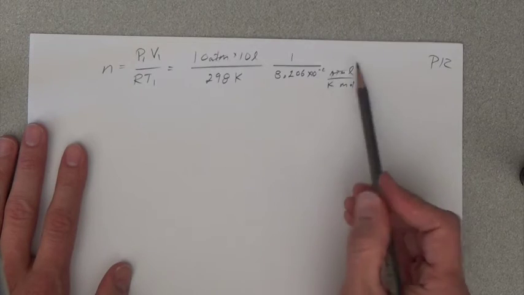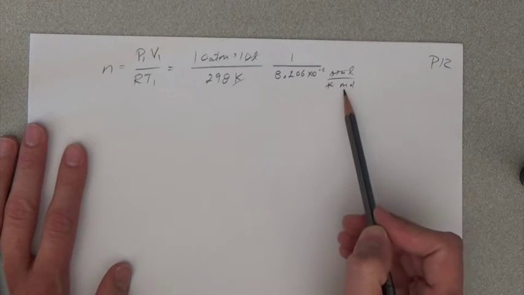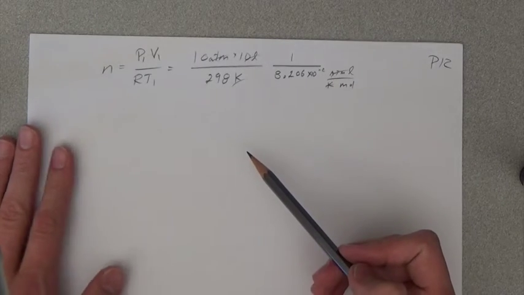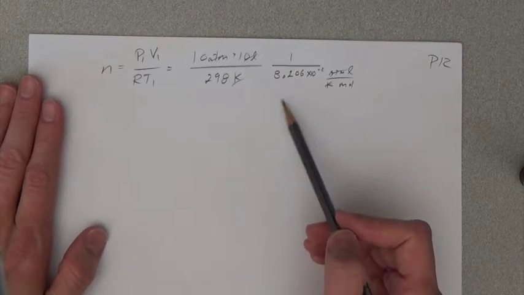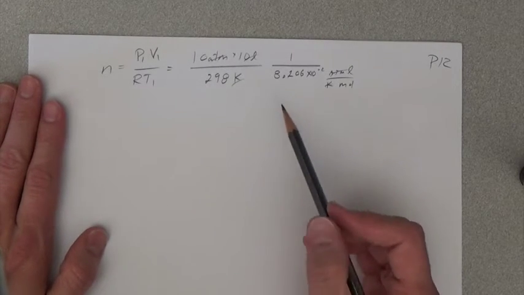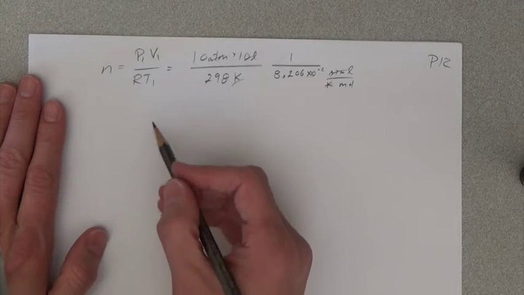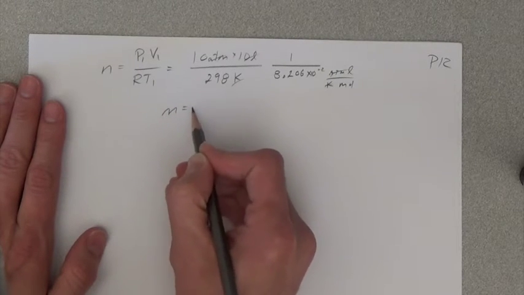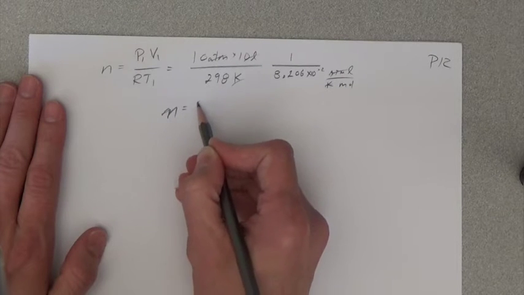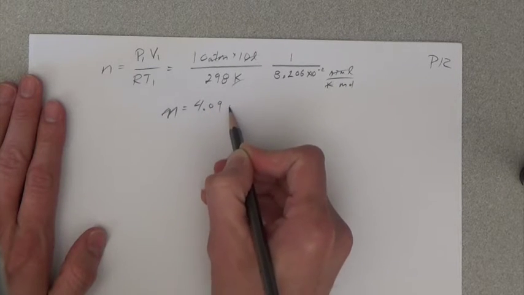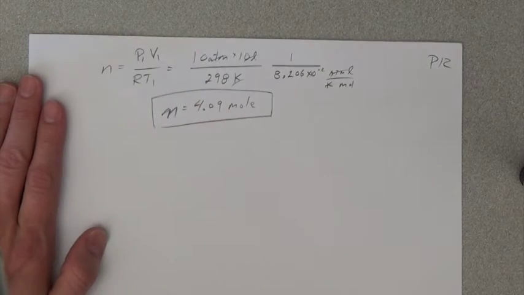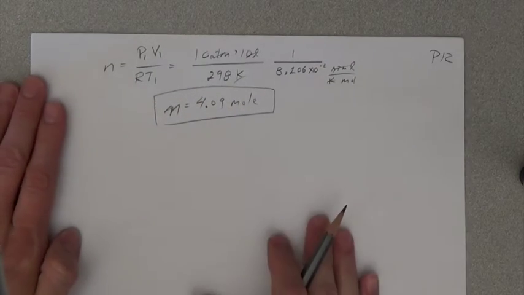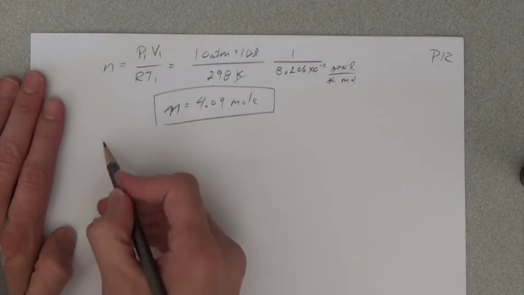So our units cancel out, leaving us mole. So we know that we've got the right expression and the right form of the gas constant. And doing this, we get n is equal to 4.09 mole of gas.